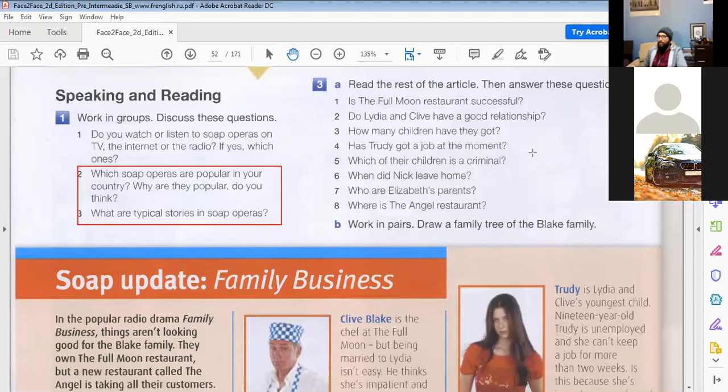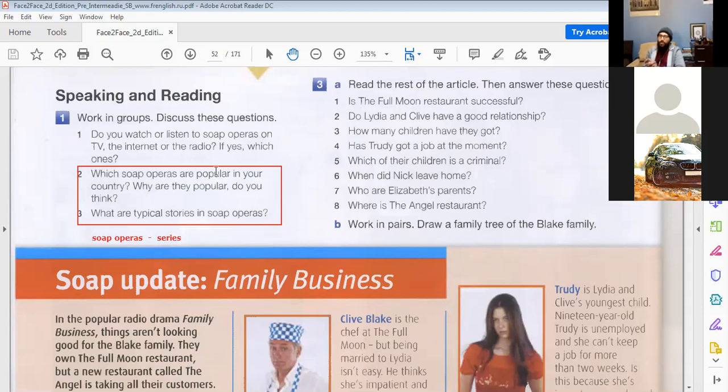So my point is, I want to try to explain what is a soap opera, what's the difference between a soap opera and a normal series. So we have soap operas and we have series. Okay, let's talk about some of the similarities and some of the differences.